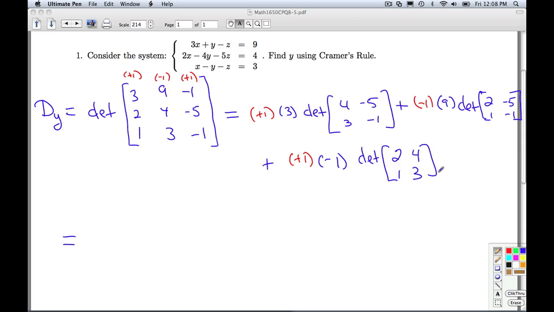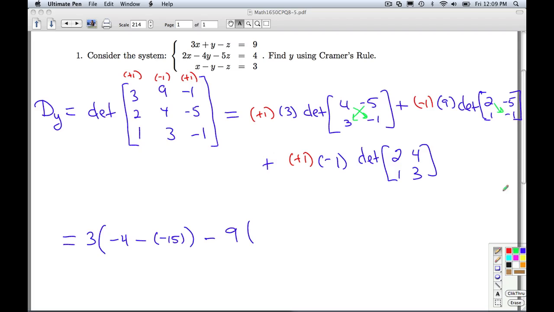All right. A 3 times positive 1 is a 3. Now I take the determinant of this 2 by 2 matrix. I take 4 times negative 1, which is a negative 4, and subtract from that the negative 5 times 3, which is a negative 15. I'm going to add to that a negative 9, so it's really subtracting 9 times this determinant.